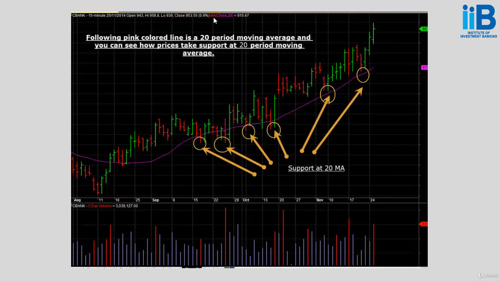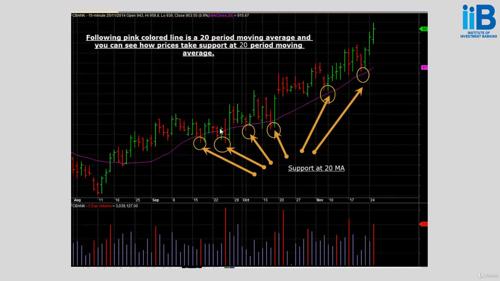MA stands for simple moving average. If you are plotting an exponential moving average, it will be plotted as EMA, exponential moving average. Similarly, a displaced moving average will be plotted as DMA.